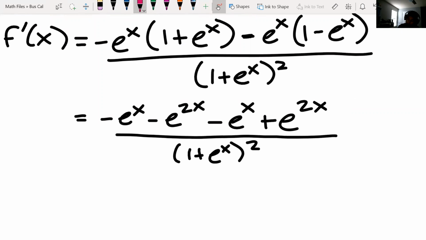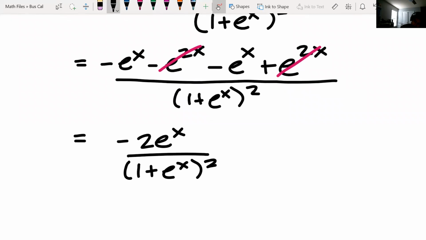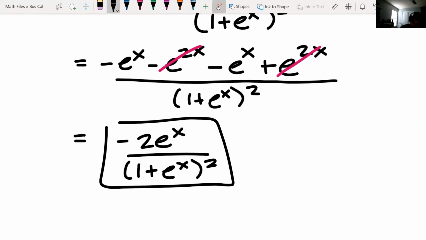Clean up, and we see that my e to the 2x's cancel. And my negative e to the x minus e to the x becomes negative 2e to the x over 1 plus e to the x squared. And there's nothing else we can do there.